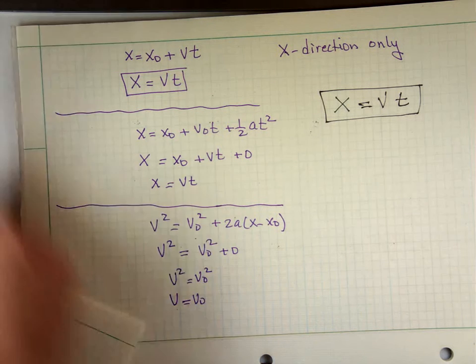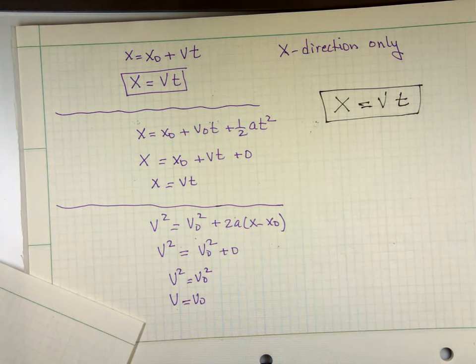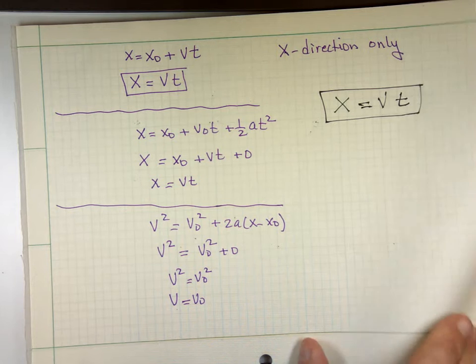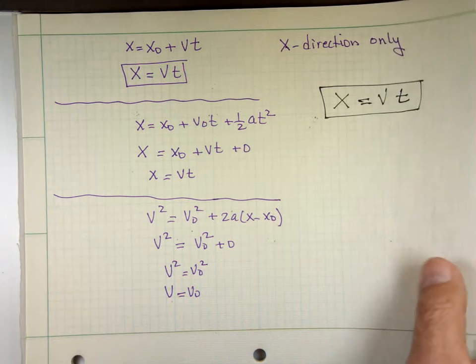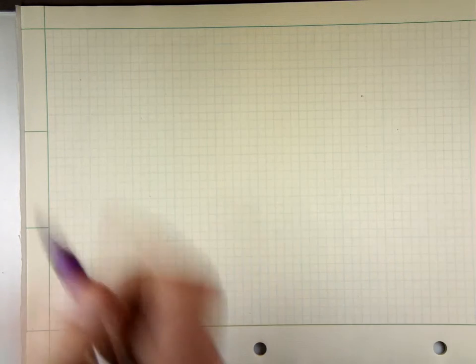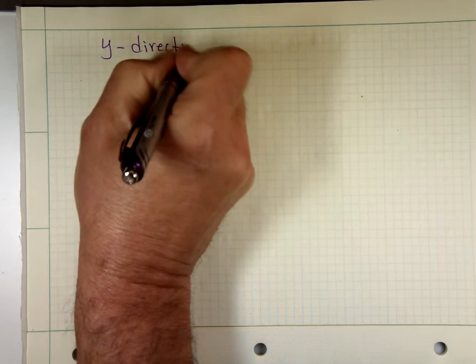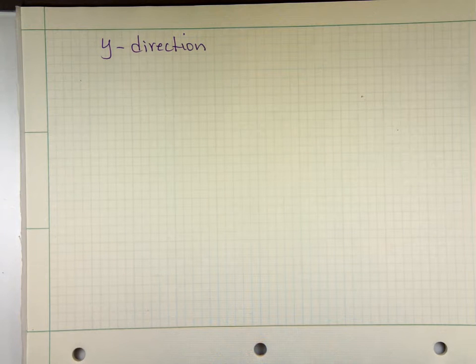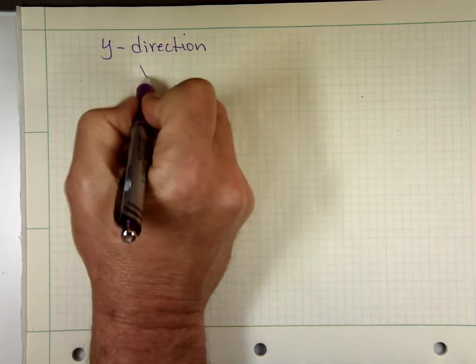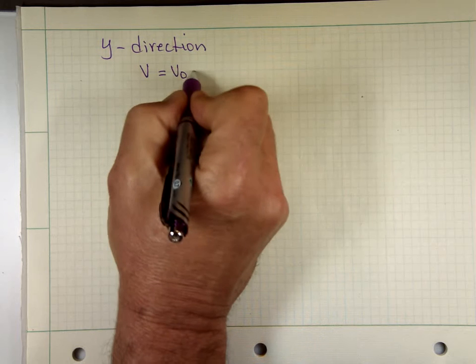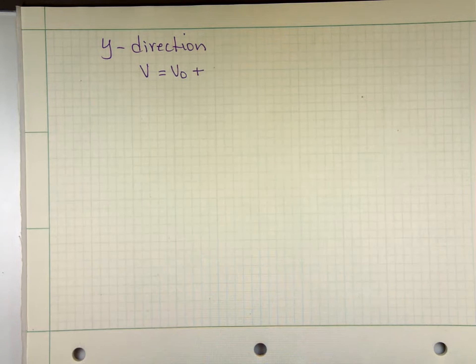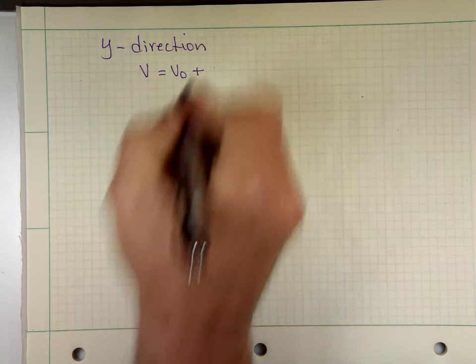In the y direction, all of them are good. We still have every one of them. So in the y direction, the equations are good. The first one was what? v equals v0 plus at, except in the y direction, what do we call the acceleration? g.